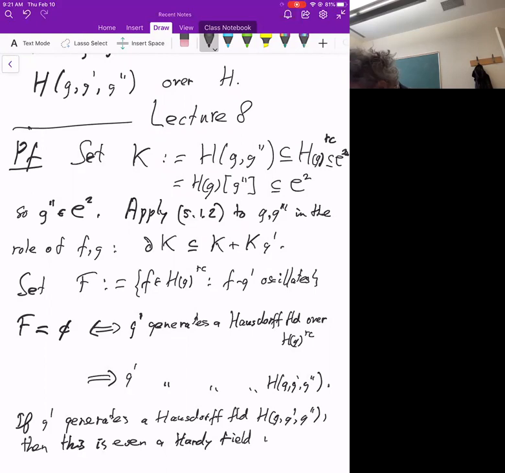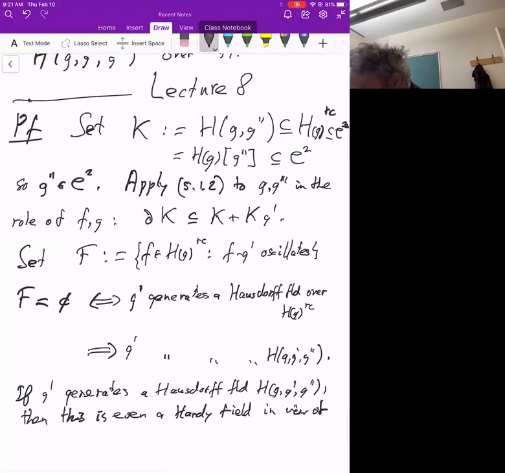So we only have to check that the derivatives are in there again. In view of what we already mentioned about K, namely that delta K is contained in K plus K G prime, which is contained in H, G prime, G double.